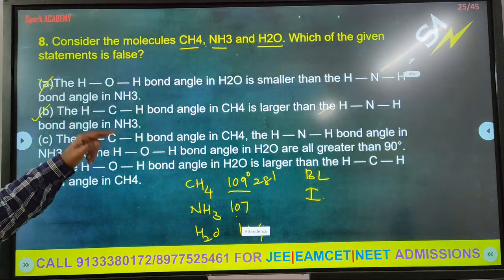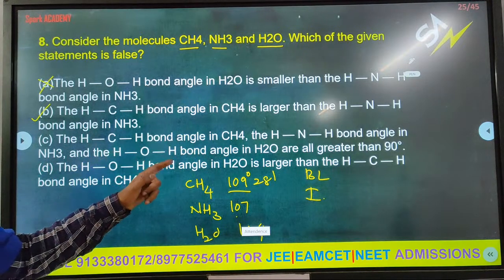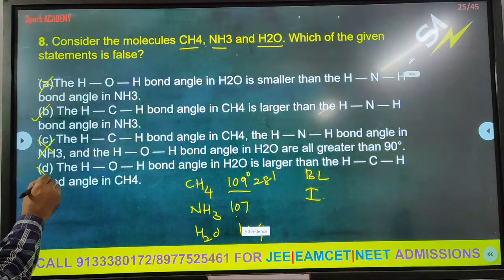The HCH, HNH and HOH bond angles in CH4, NH3 and H2O are all greater than 90. Wrong, as they are asking about the bond angle. The HOH bond angle in H2O is larger than the HCH bond angle in CH4. No, it is smaller, so this is also a wrong statement.